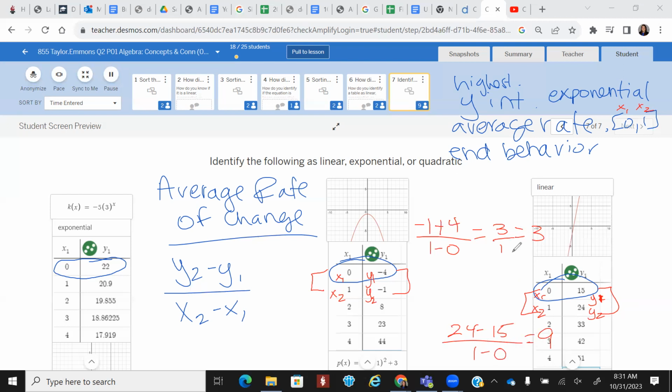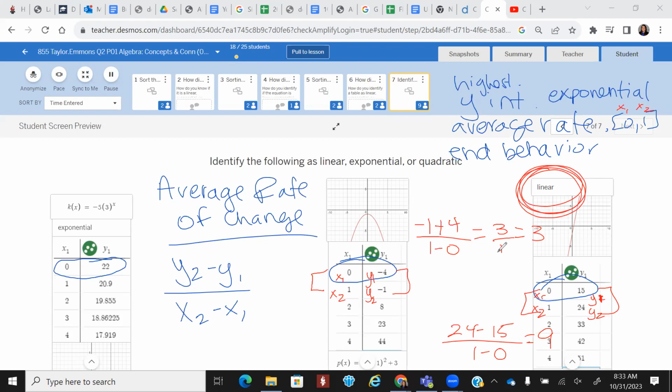Which one has a higher rate of change? The one that has the largest rate of change is going to be the linear function on this one. You have to show your work on this.